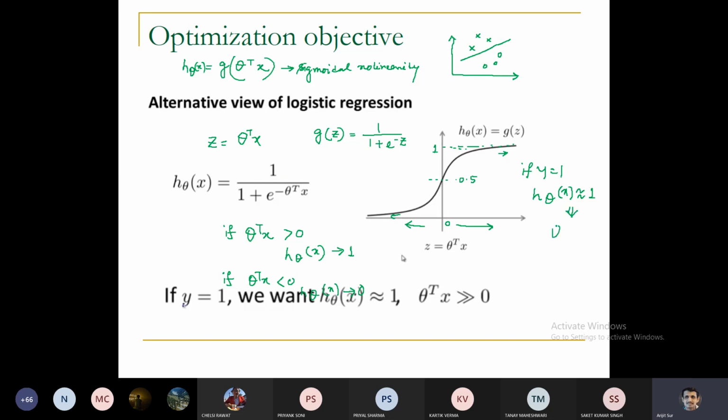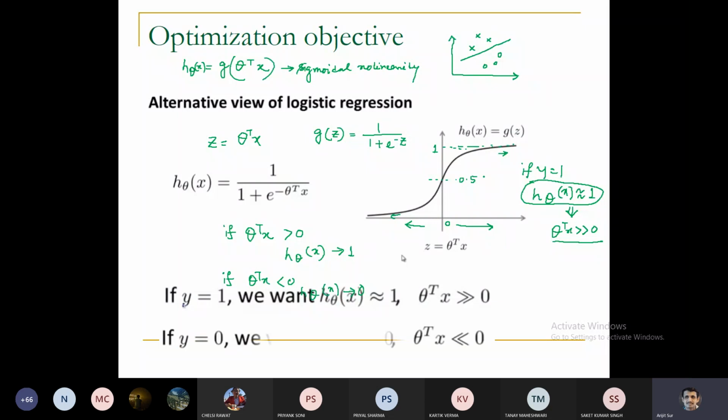It means theta transpose x should be much greater than 0. To achieve this, we have trained our model in such a way that when y is equal to 1, theta transpose x is much more than 0. That is very clear to you.